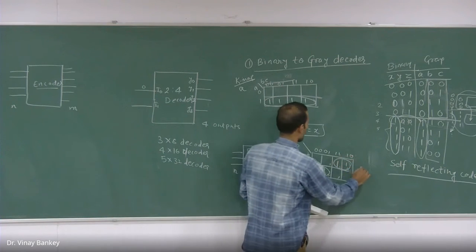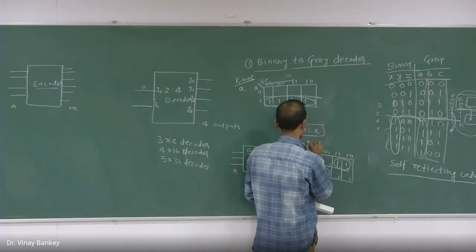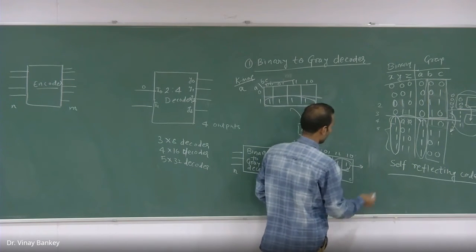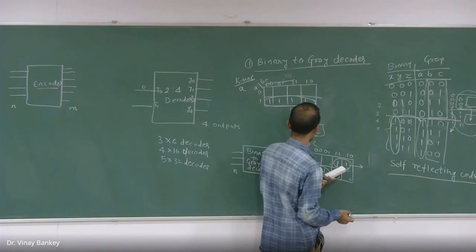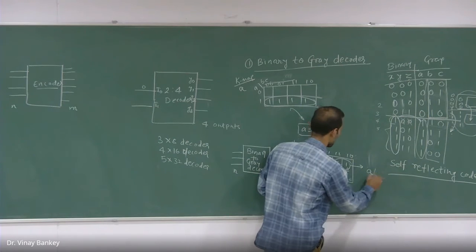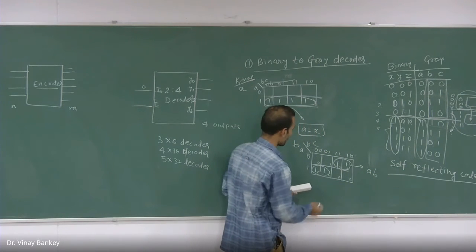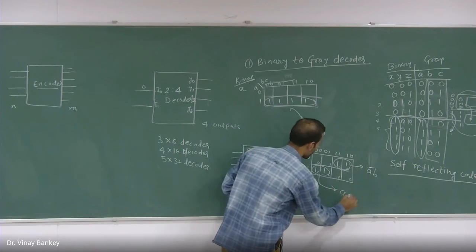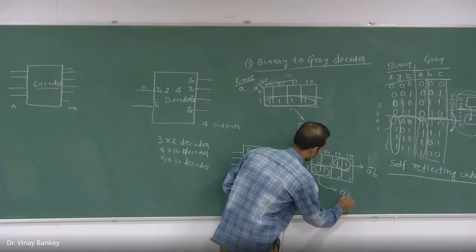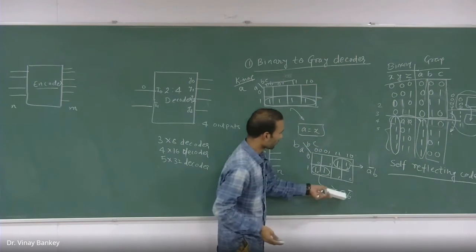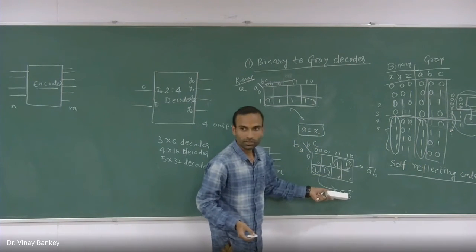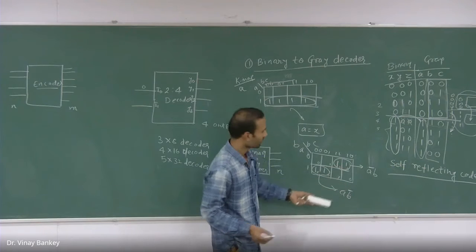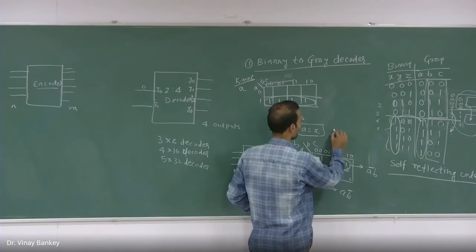So here it will be what? The prime implicants will be A bar B and A B bar. Correct. And this shows the XOR operation between A and B. So your B will be what?